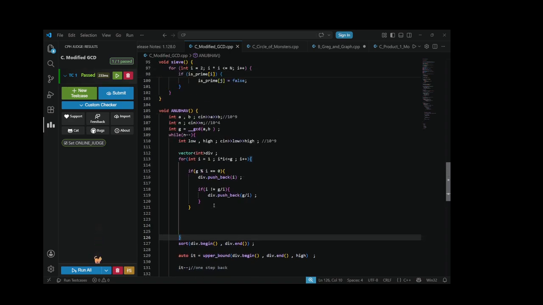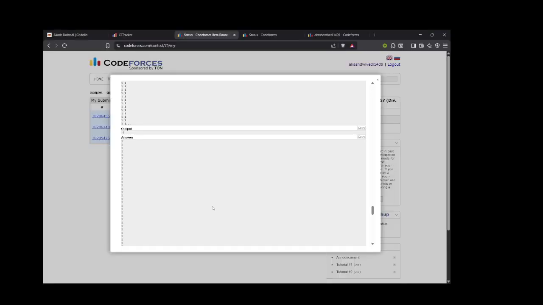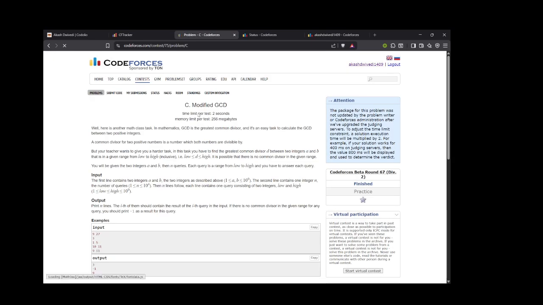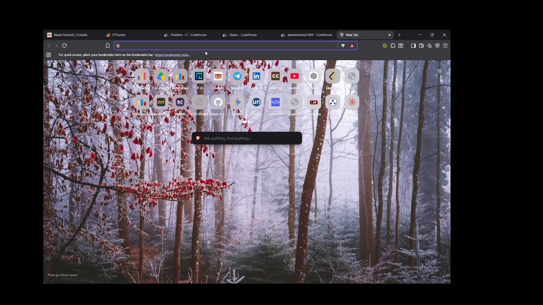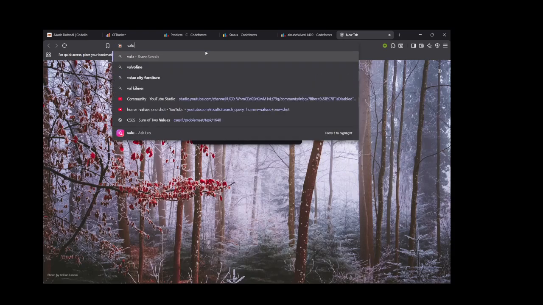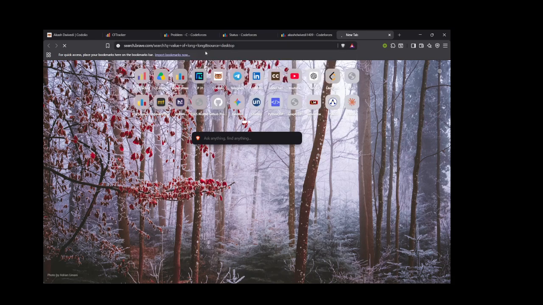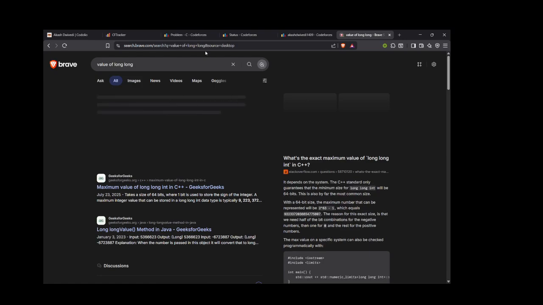It is fine. I also don't need to take the largest values like long, because the constraint n is 10 to the power 4. And I know that long is up to 10 to the power 18.